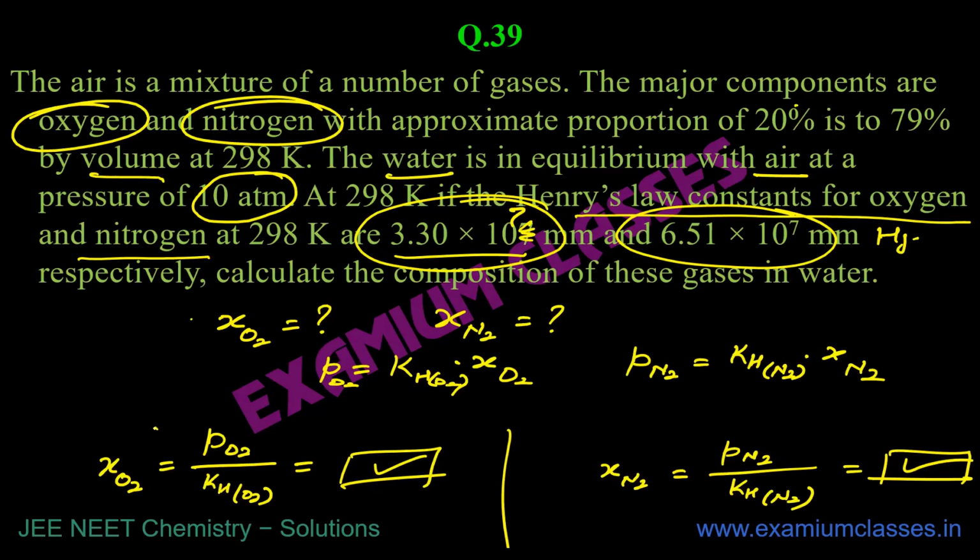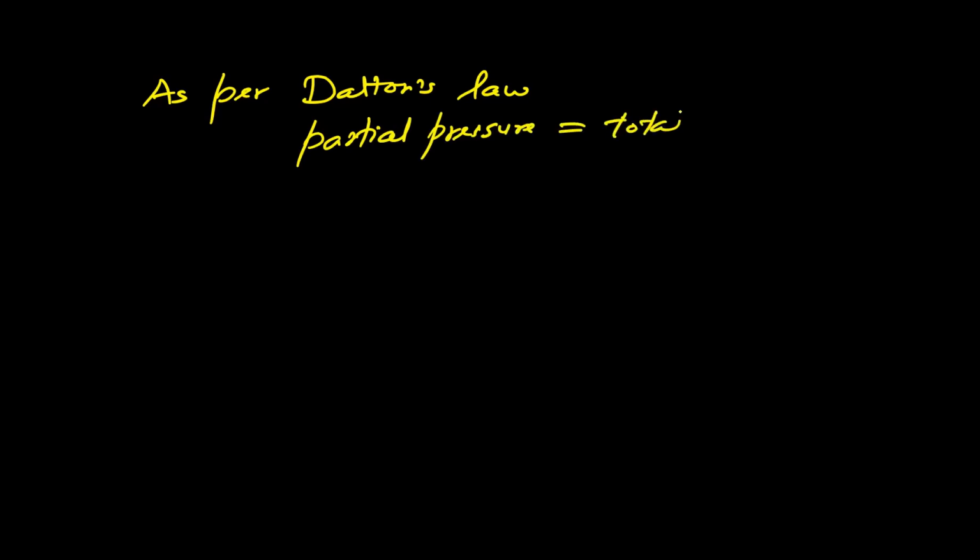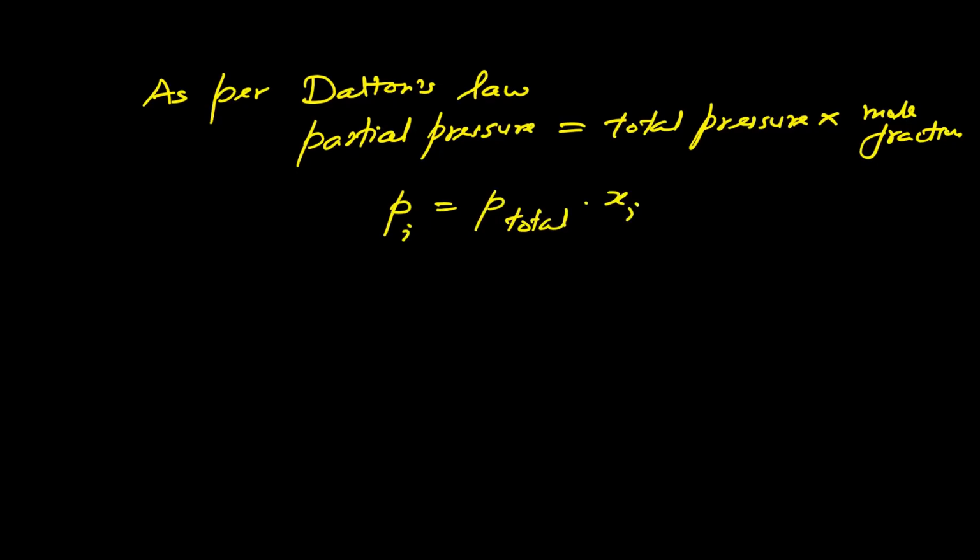So Pi is equal to P total into Xi. In the vapor phase, normally we write it as Y.